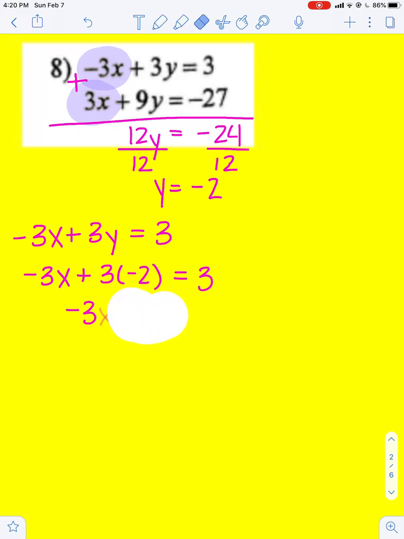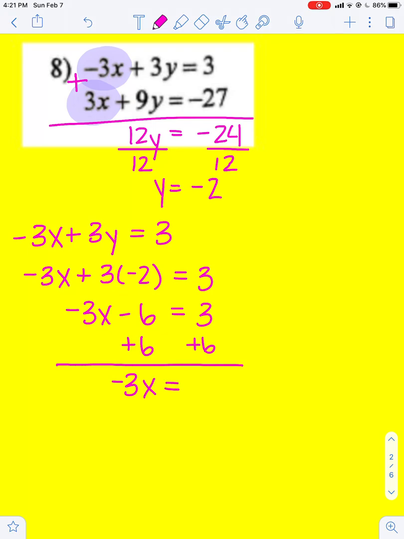So instead of plus negative 6, I'm just going to change that to minus 6. It's equal to 3. And then I'm going to solve just like a two-step equation by adding my constant. That gives me negative 3x is equal to 9. I'm going to divide by negative 3 on both sides to get x is equal to negative 3.